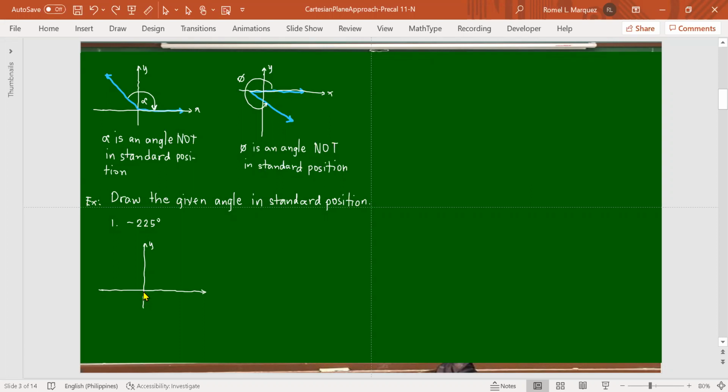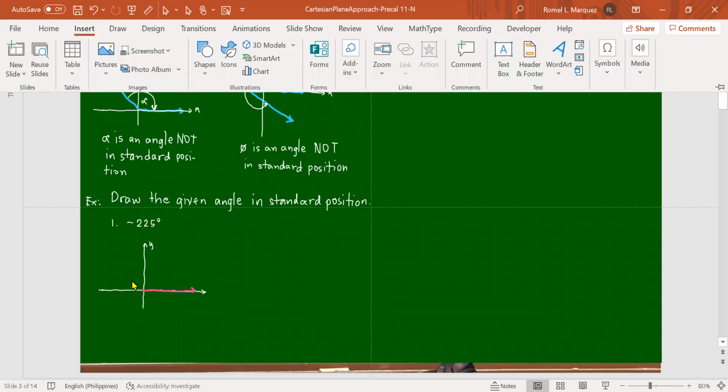In Quadrant 2, sir. So this is negative 180, or 180 in terms of amount, and this is clockwise because I want it negative. 180 plus what?